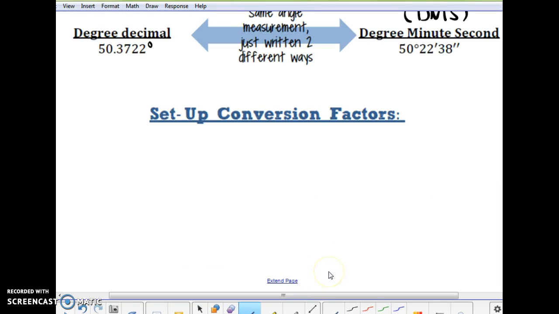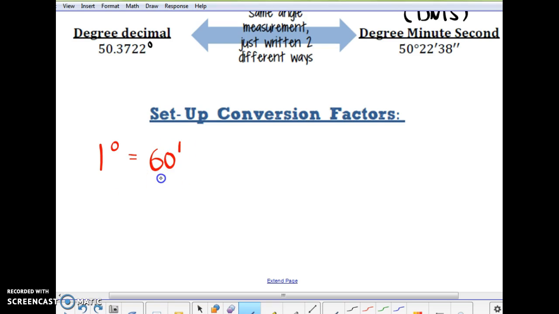To get in between these two, we have to have some conversion factors. So one of the things we're going to have to do is get from this degree decimal into minutes and seconds. Let's start over. We have this idea that 1 degree is equal to 60 minutes.